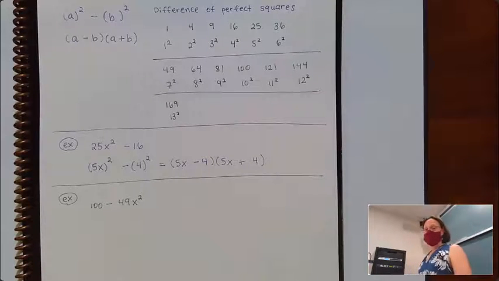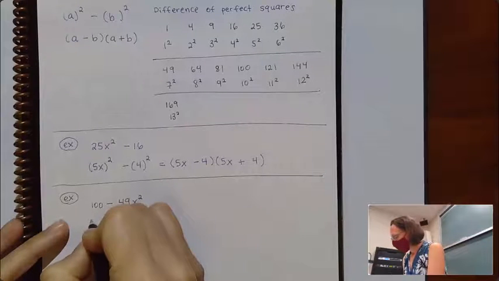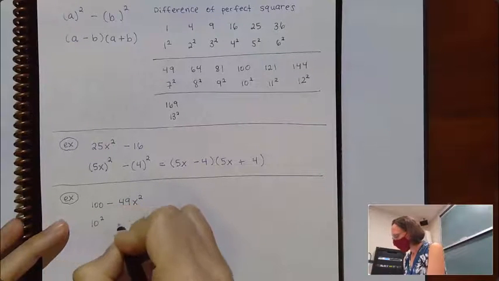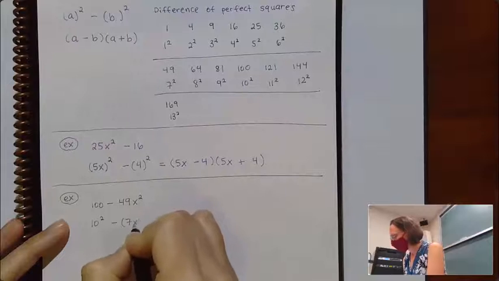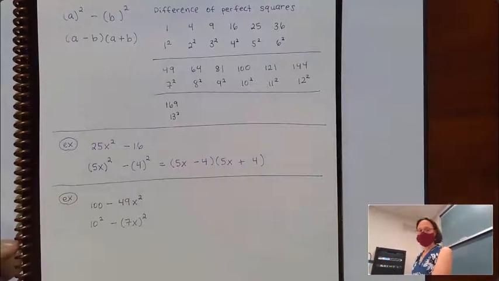Yeah, so we can totally rewrite that as 10 squared minus 7x squared. Now, there's this tendency, and this is another one of those times our brains do weird things.